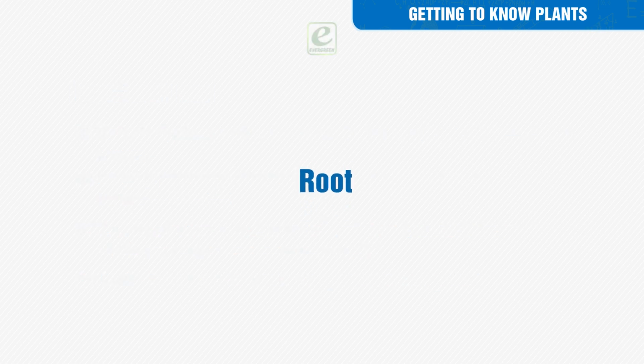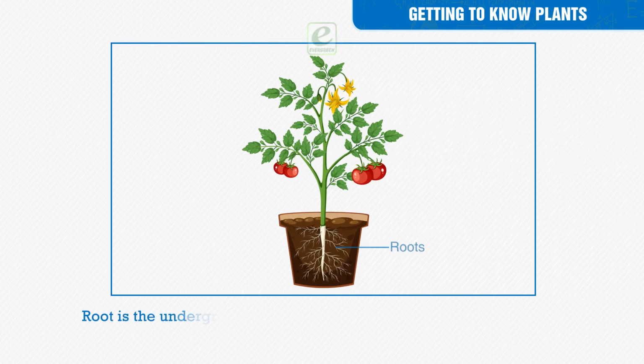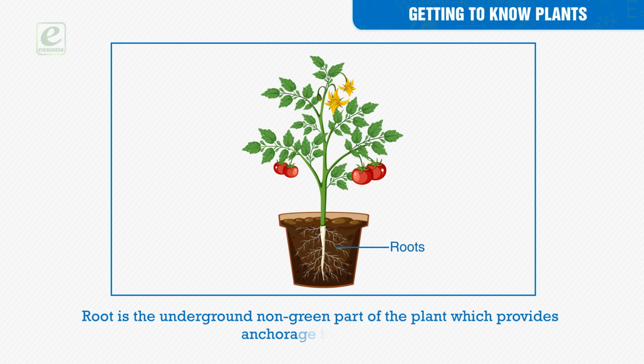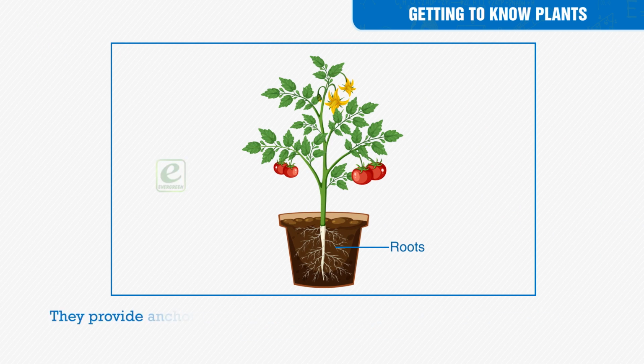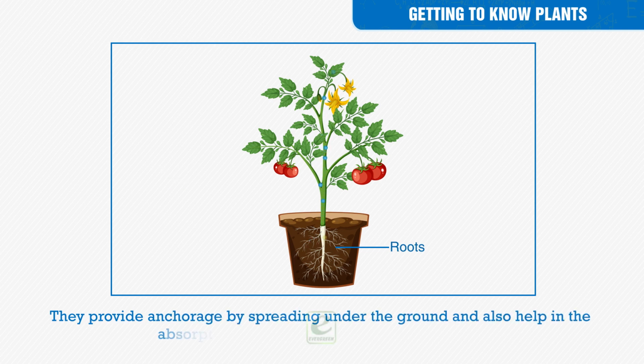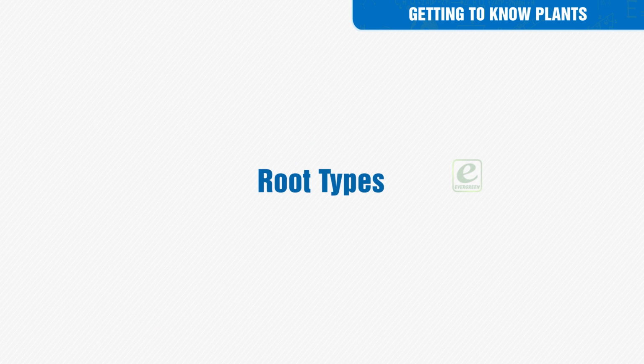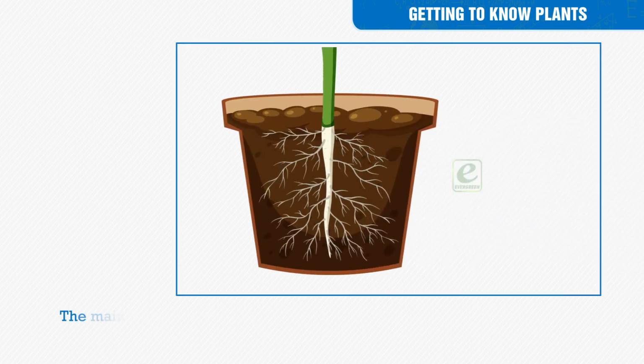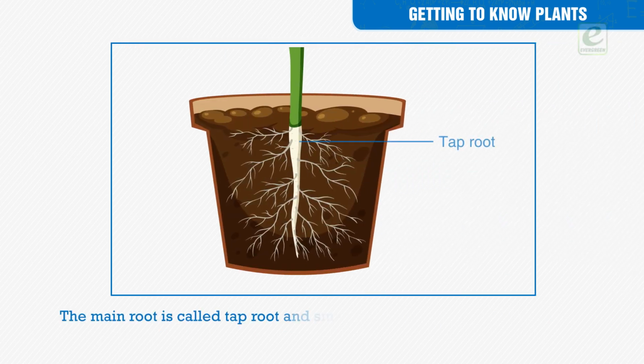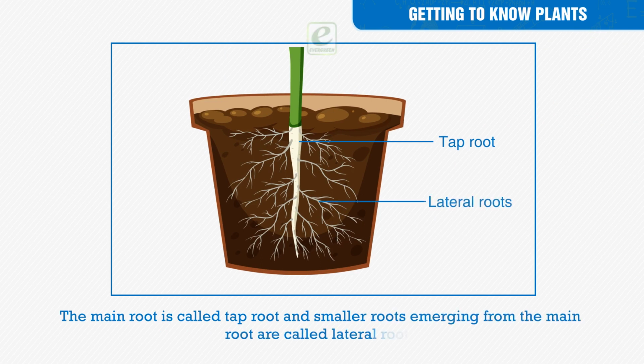Root. Root is the underground, non-green part of the plant which provides anchorage to the plant. They provide anchorage by spreading under the ground and also help in the absorption of water and minerals from the soil. Root types. The main root is called taproot, and smaller roots emerging from the main root are called lateral roots.